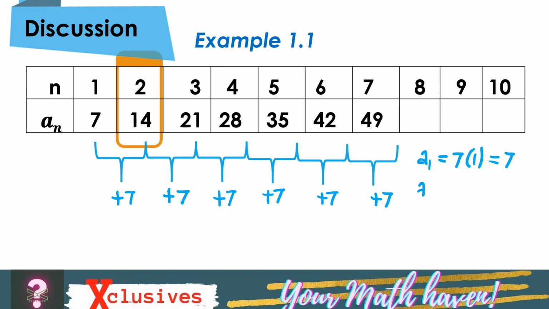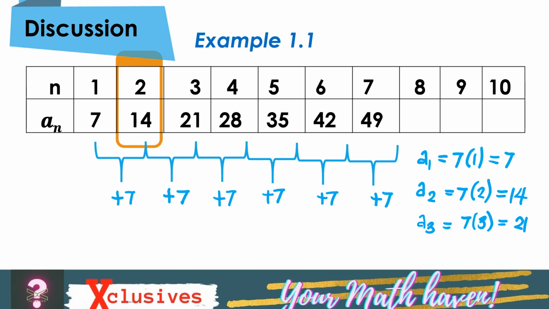For our second term, that is 2 sevens. That is why we got 14. For number 3, we have 3 sevens, giving us 21.